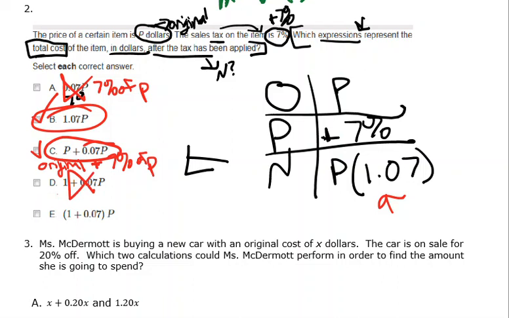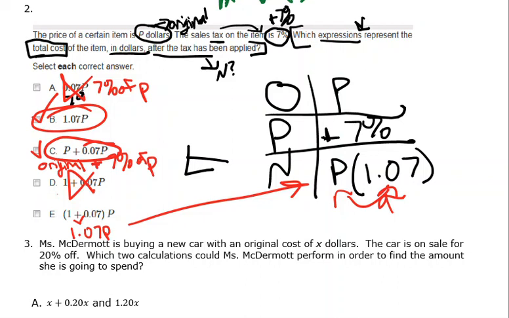Here I have 1 plus 0.07 times P. Now, if I were to start to do this, I would get 1.07 times P, which again is pretty much exactly what I did over here. I switched this up, but that's okay.